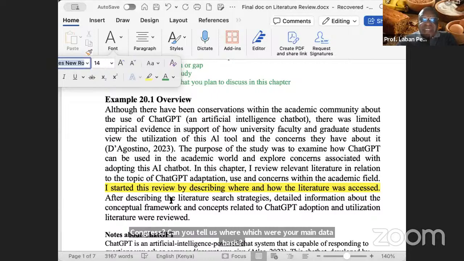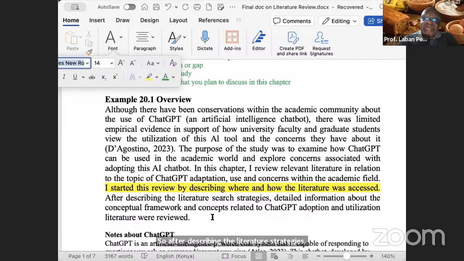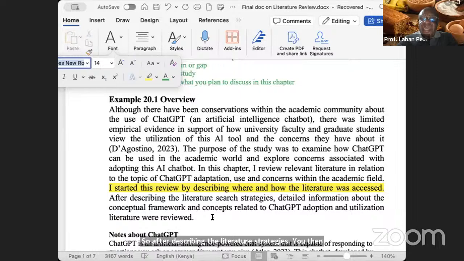So after describing the literature search strategies, you then give detailed information about the conceptual framework and concepts related to ChatGPT adoption and utilization literature. So this is what I expect out of you.